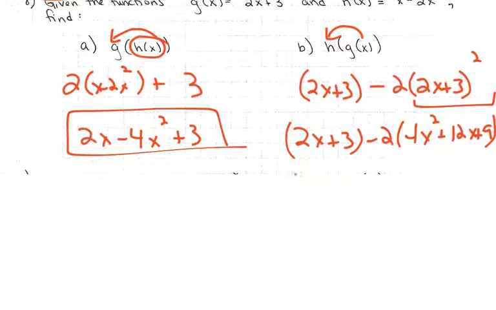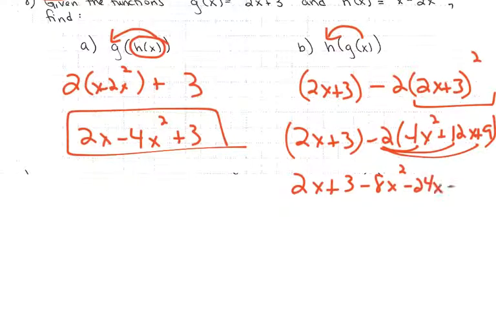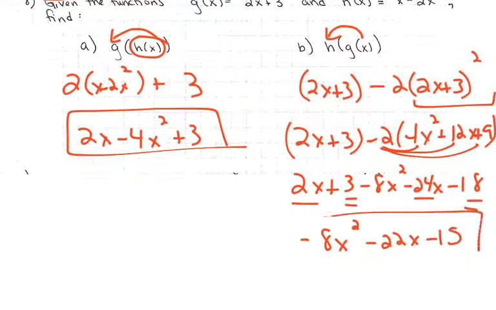And then I can distribute that -2, and I get -8x squared minus 24x minus 18. And then I can combine my like terms and write it in descending order of powers. It's -8x squared minus 22x minus 15.